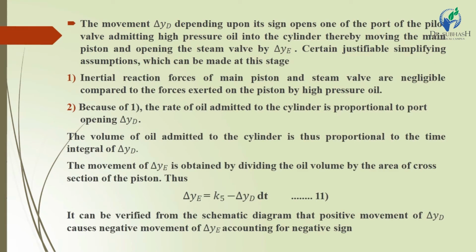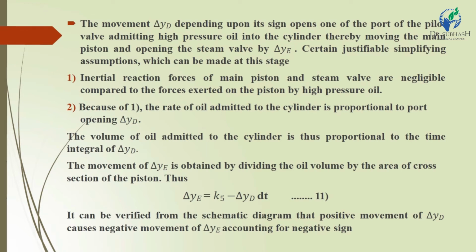The movement of delta YD opens one of the ports of the pilot valve, admitting high pressure oil into the cylinder, thereby moving the main piston and opening the steam valve by delta YE. Certain assumptions can be made at this stage. First of all, the inertial reaction forces of the main piston and the steam valve are negligible compared to the force exerted on the piston by the high pressure oil. Because of this, the rate of oil admitted to the cylinder is proportional to the port opening delta YD.